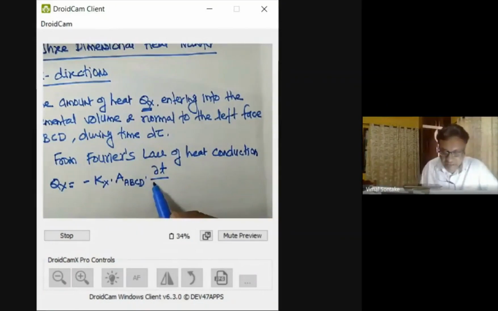Small thickness, it is del X. Now this entire amount is the rate of heat transfer given by Fourier's law of heat conduction. I am interested in quantity of heat or amount of heat Qx. So I will multiply this by time duration d tau.